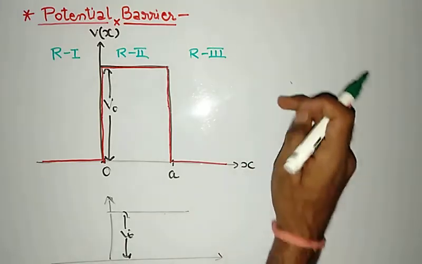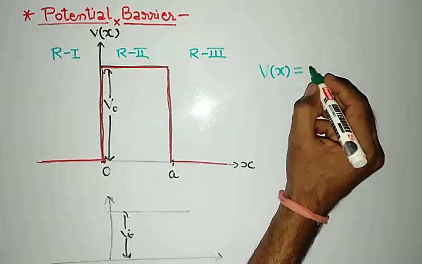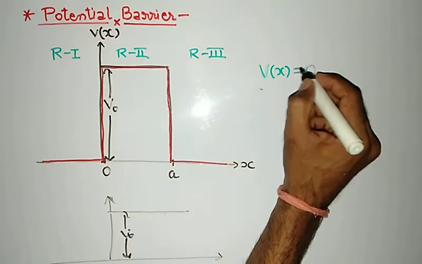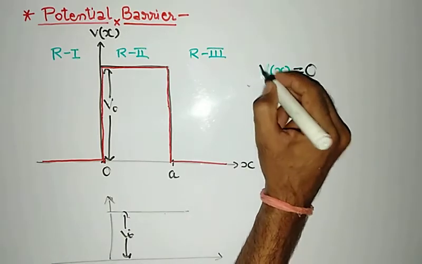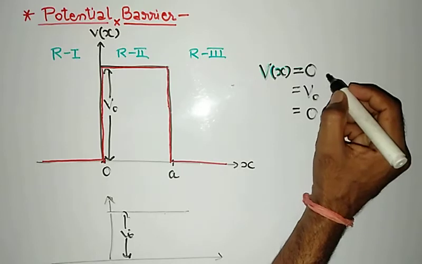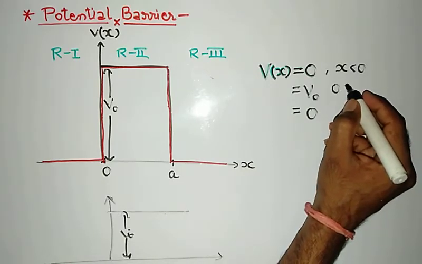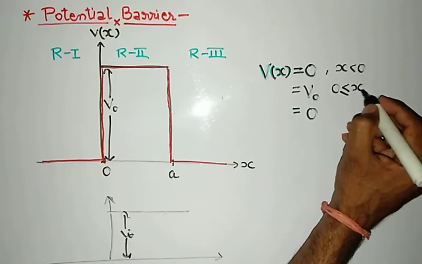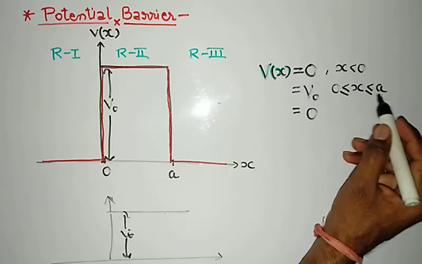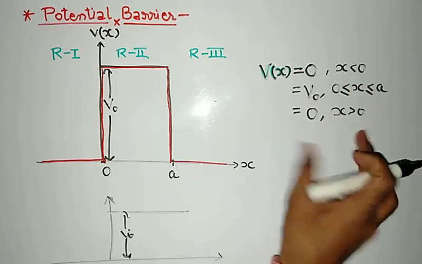So, defining potential V(x) of the form: its value is 0 for x less than 0, V naught for 0 less than x less than A, and again 0 for x greater than A. So, these are the three regions for potential.